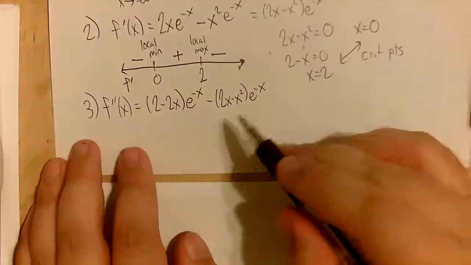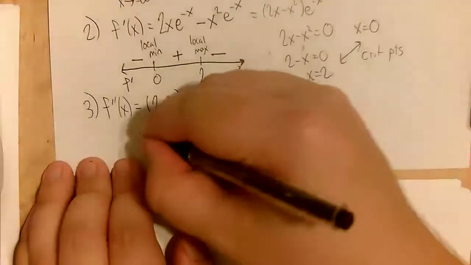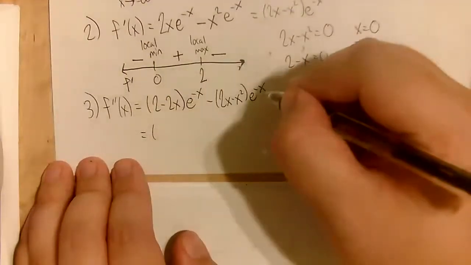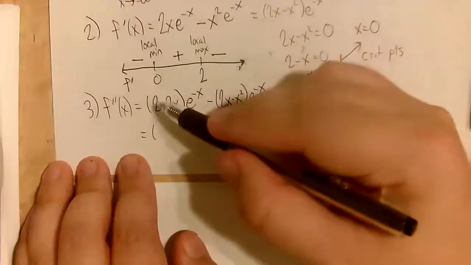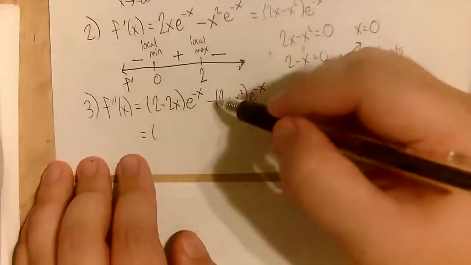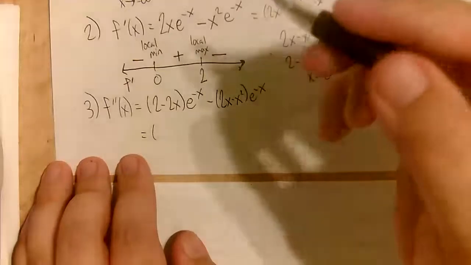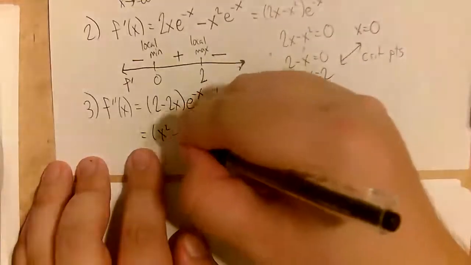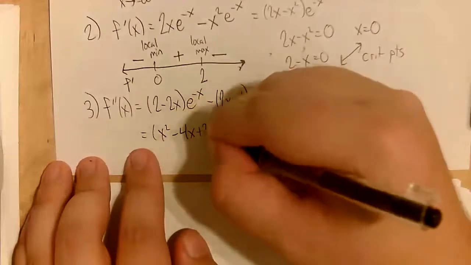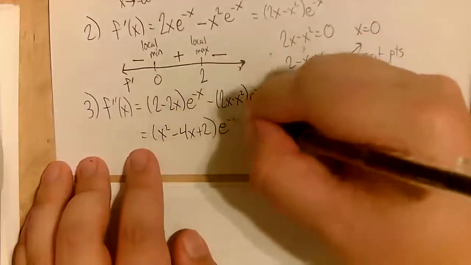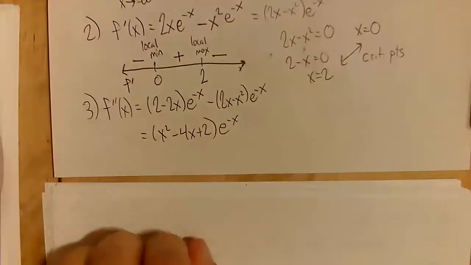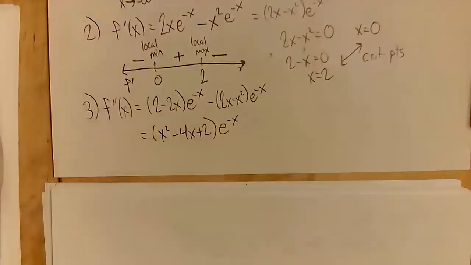All right, and just like before, we can simplify this by factoring out e to the negative x. So we have 2 minus 2x plus x squared. Don't forget about these double negatives here. We have x squared minus 4x plus 2. All right, so this is going to be our second derivative.